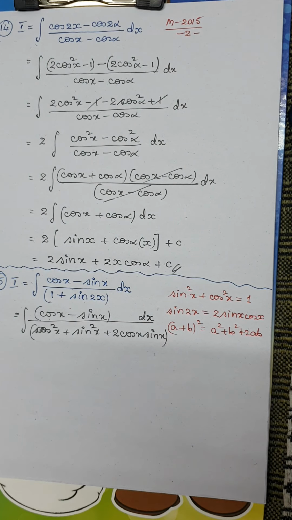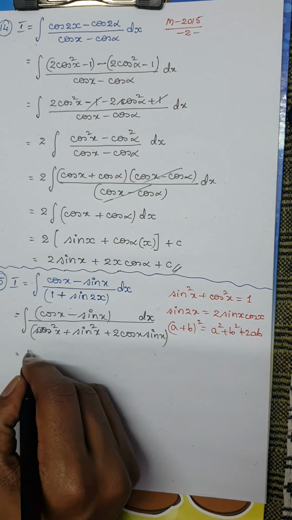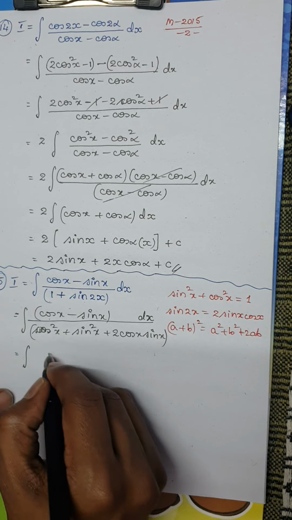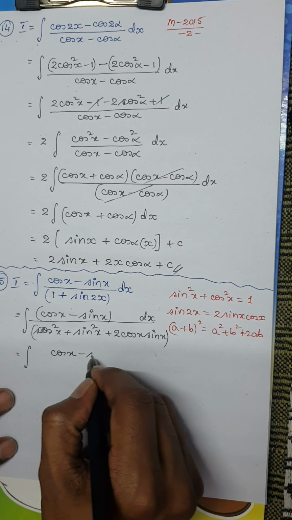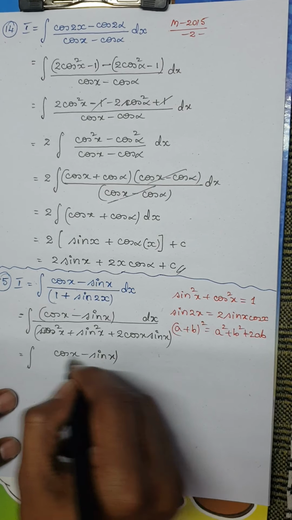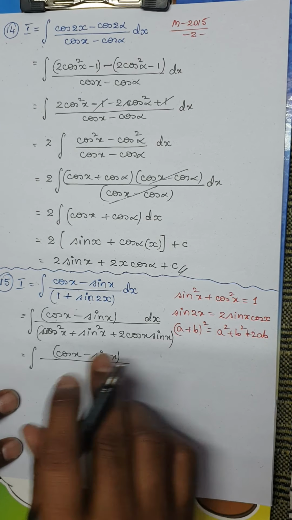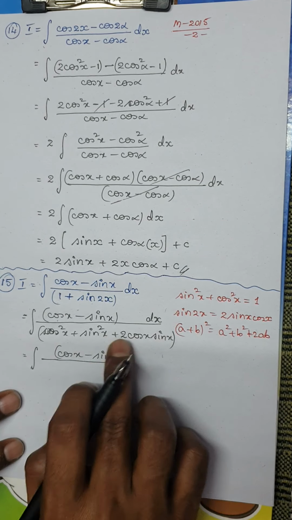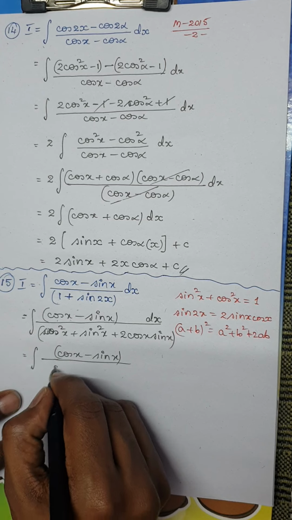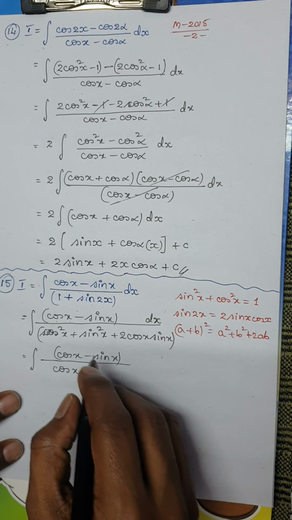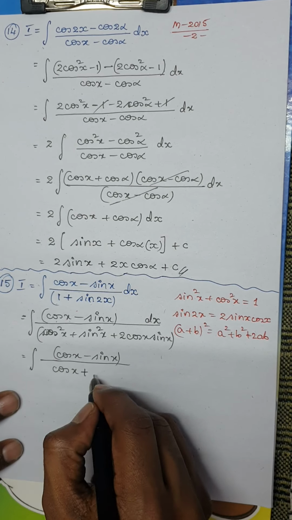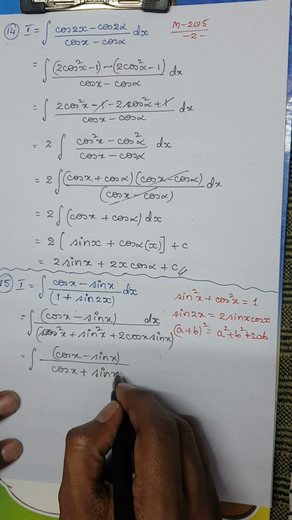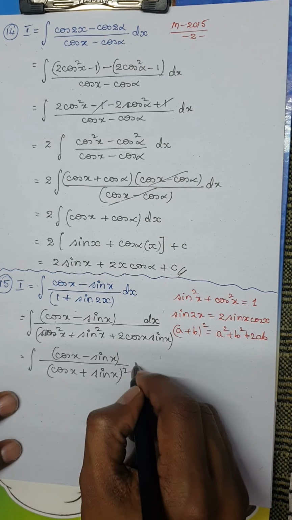Is it clear? So now look here. This is of the form integral of numerator, just cos x minus sin x as it is, divided by the denominator, which is of the form a square plus b square plus 2ab. So I am going to write it as of the form (a plus b) whole square, that is (cos x plus sin x) whole square dx.